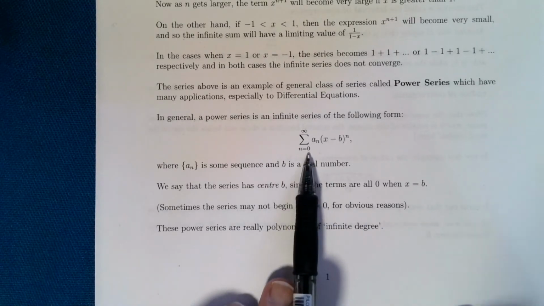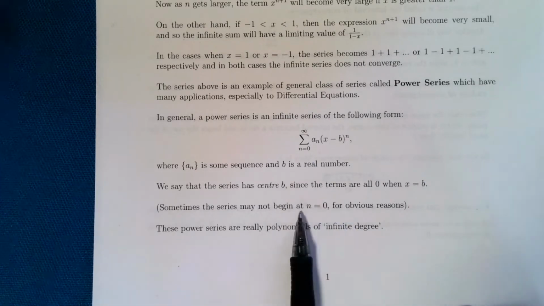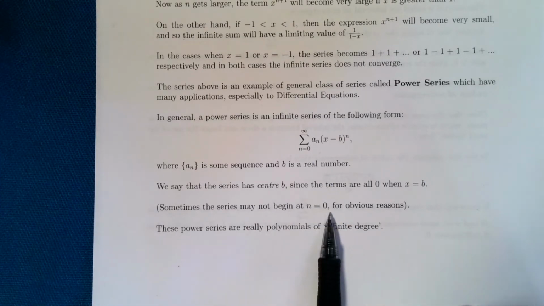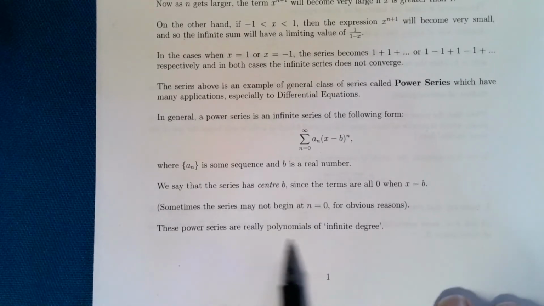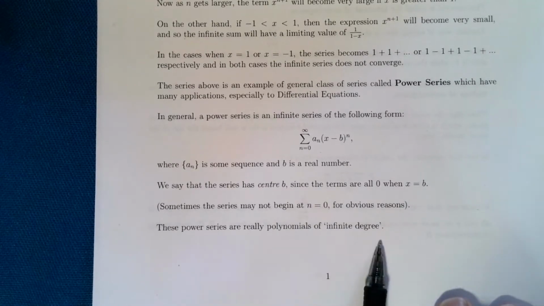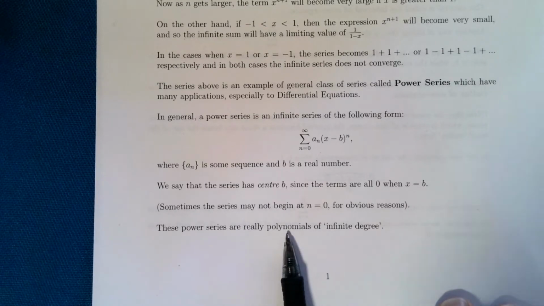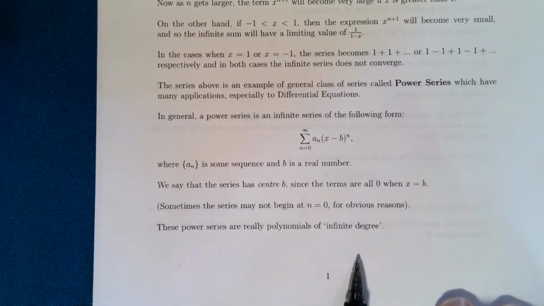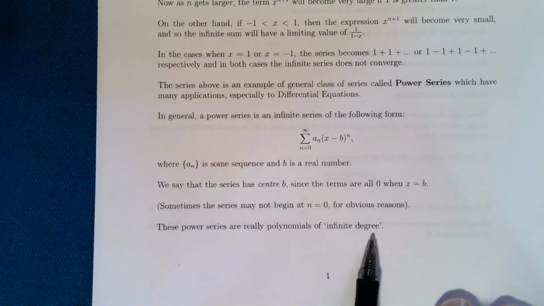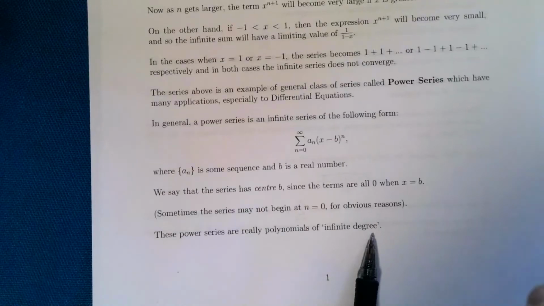Most of the time it will, but sometimes not. So just note then that these power series are really like polynomials of infinite degree. Polynomials aren't allowed to have infinite degree, but you can think of them as just like polynomials, but they don't stop, they've got infinite degree.